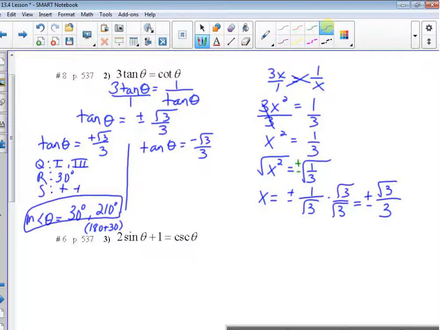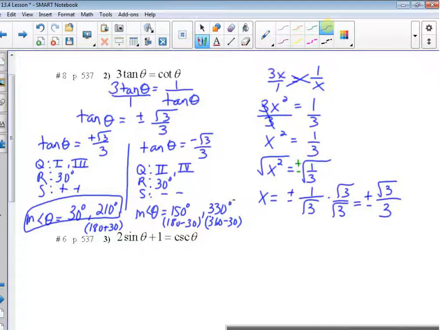And then for the negative one, I would be looking in quadrants 2 and 4. Reference angle is still 30. So the measure of angle theta for this is 180 minus 30, or 150, and 360 minus 30, or 330.